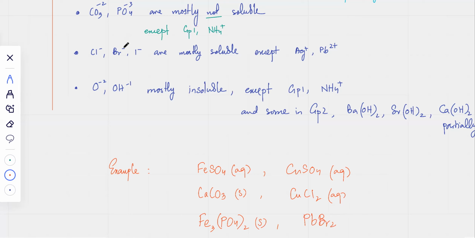Oh no, it won't. Sorry. Okay, for Br-1, they're mostly soluble, except this one, Pb2+. Like if it's with Pb2+, it's not soluble. So this one will not dissolve. It's an exception. Like most of them will dissolve except for these two. If they are with this, then they would not dissolve.